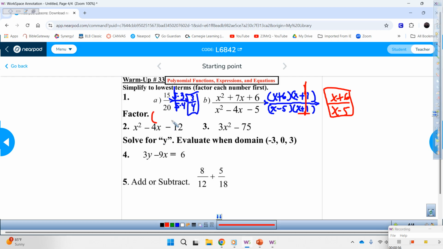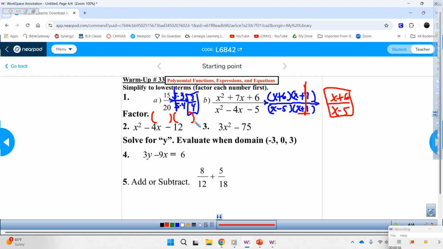I need 2 factors for number 2. Share with your neighbor, and then Mariah's going to pass someone. All right, good communication.